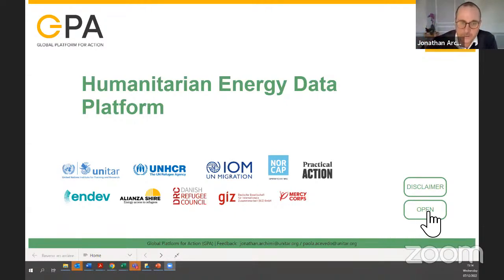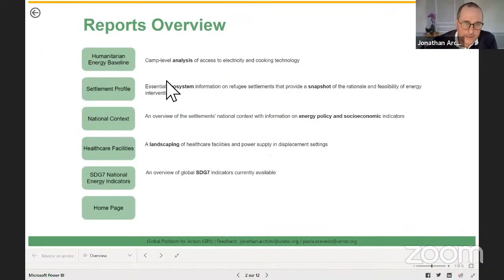As I said, we have mainly three types of indicators, which are split by geographical level or situation level. We have the country energy access and camp energy access data.